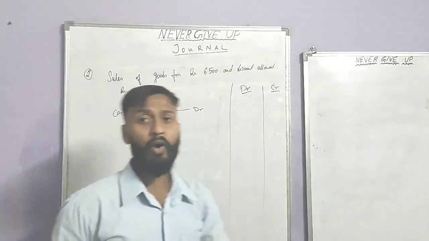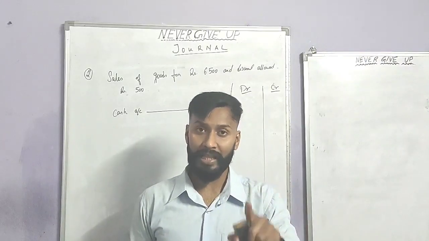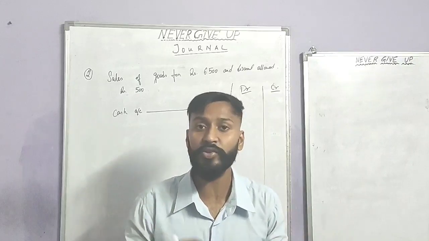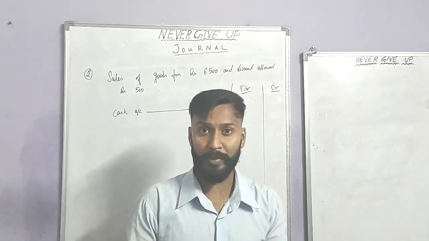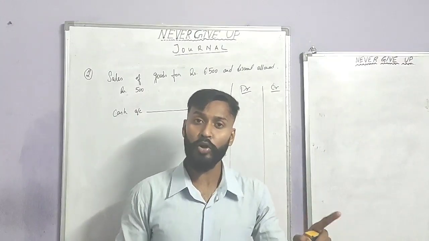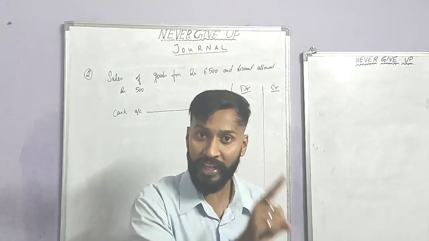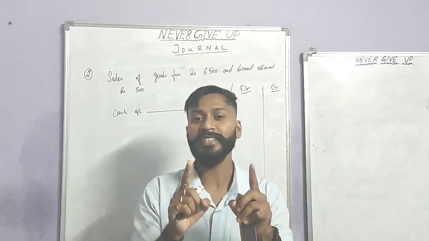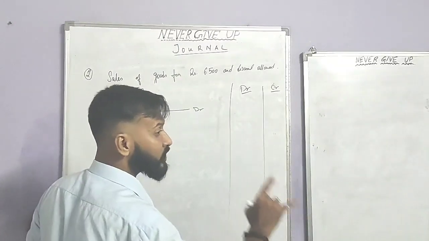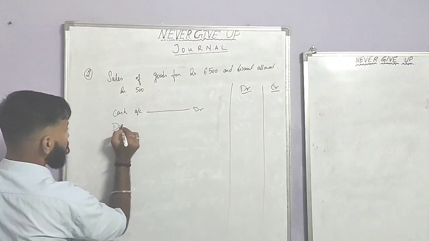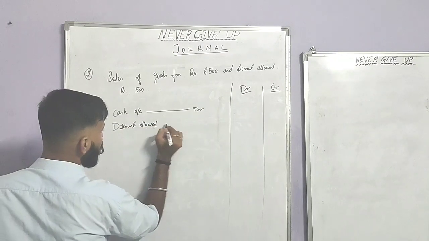Now discount allowed is the loss of the business. You are giving the discount, and obviously it will be a loss of the business. According to the nominal rule, all expenses or losses are debit. So discount allowed account debit.